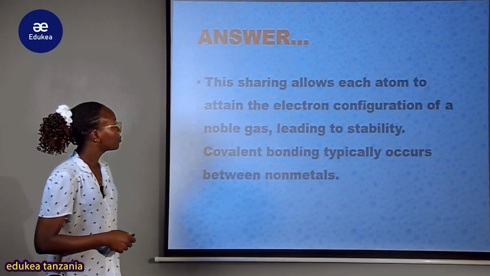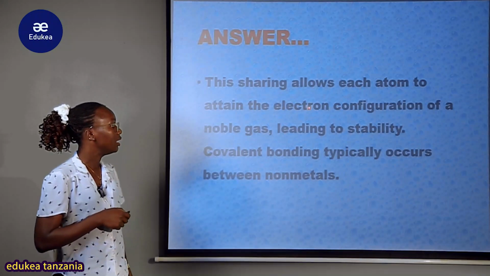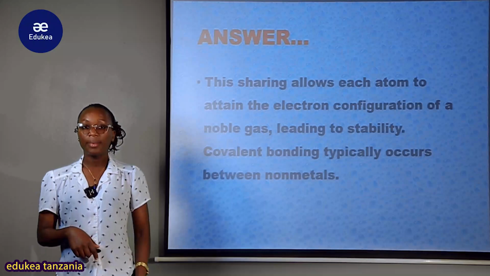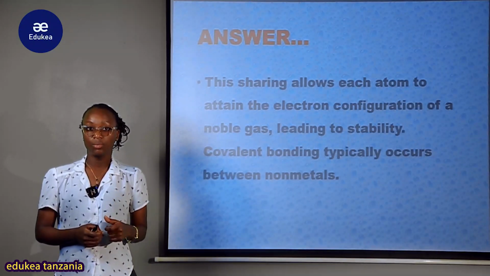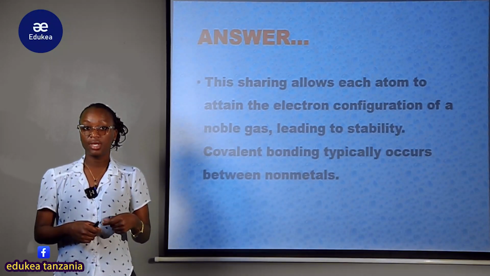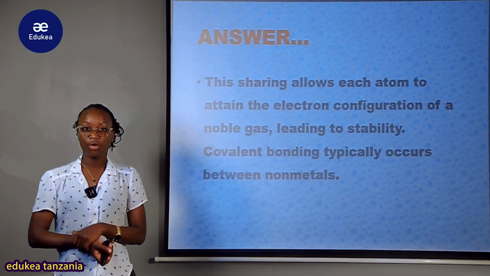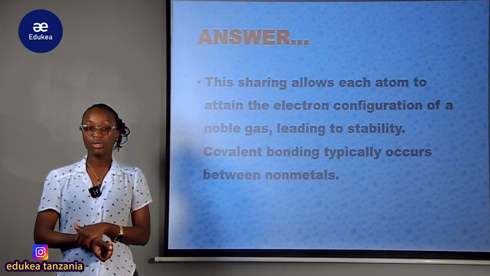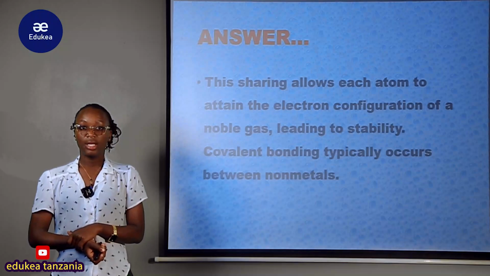But also, this sharing allows each atom to attain the electronic configuration of a noble gas. That is, the sharing of electrons ensures that each atom attains atomic stability. It attains that atomic stability once it meets the condition of noble gases. We know that noble gases are gases which are stable. They are stable, they are unreactive.